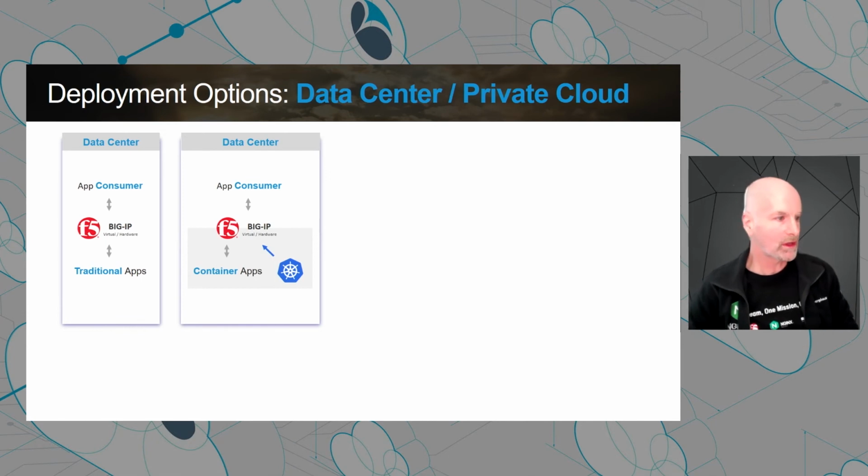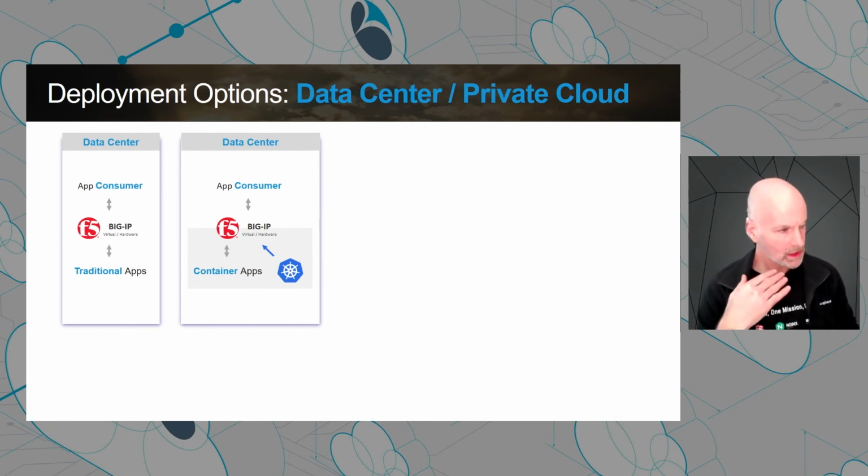Now, we can also, and I don't know if it's my version of this slide here, but the BIG-IP device there is sitting on the edge of the container environment, so that the BIG-IP can have one leg in the real network and one leg in the container environment overlay. So the BIG-IP can become a member of the Kubernetes cluster.